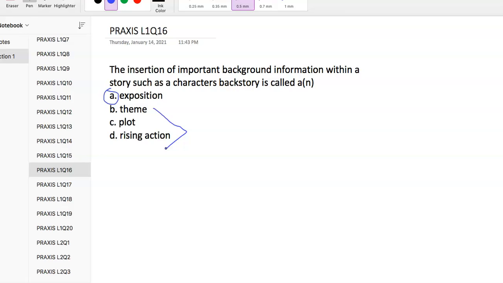So it's important to know theme, plot, rising action, falling action, and then we're adding exposition to the list as well, right? So a narrative exposition is the insertion of important background information within a story. So some examples could be information about the setting, characters' backstories, prior plot events, historical context, things like that.